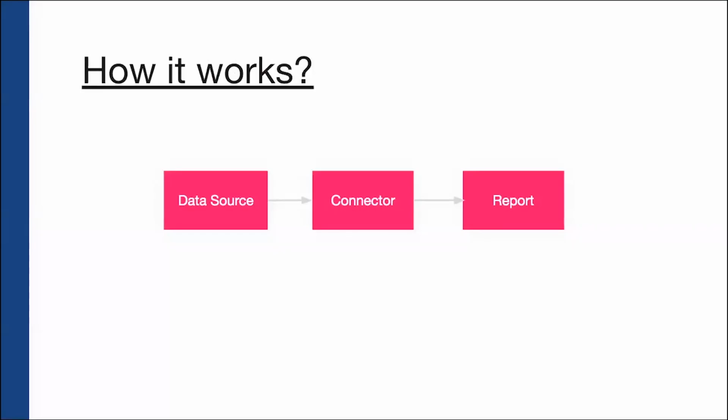So how it works: there is a data source, for example, Google Analytics. There's a connector, which connects your data source with a Google Data Studio report. I strongly suggest remembering this scheme because there are a lot of third-party tools that provide different kinds of data, but they might not have a connector.